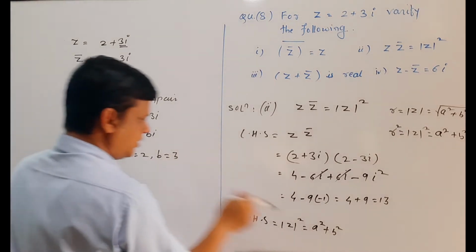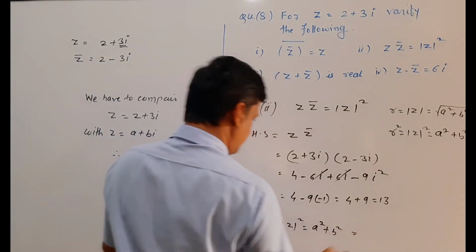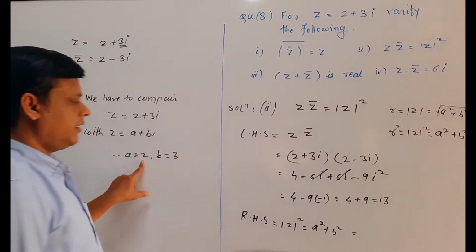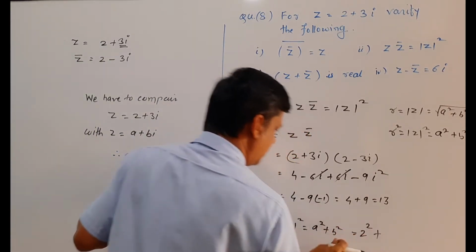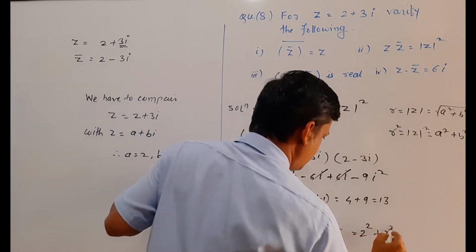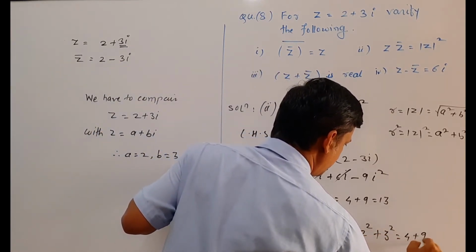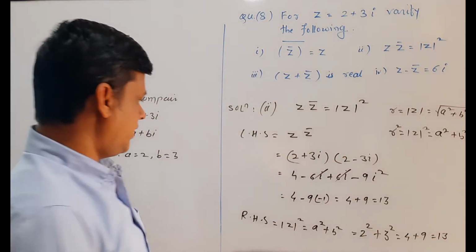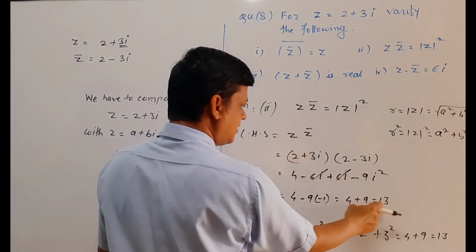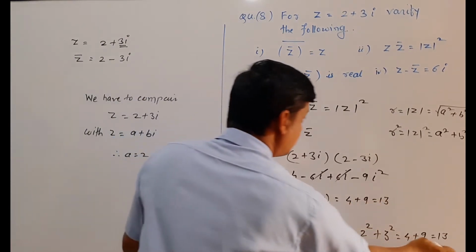So we substitute these values here. We get a square as 4, or you can write 2 square. Then b square, so we write here 3 square. 2 square is 4, 3 square is 9, which is equal to 13. So in this way we get LHS as 13. Also RHS equals 13.